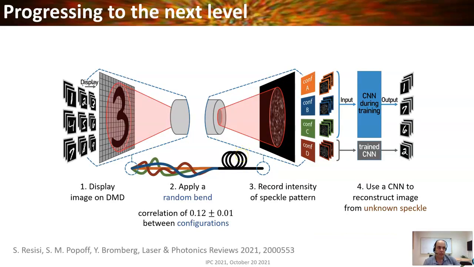Using the fiber piano, we can create, as we said earlier, hundreds of random configurations of the fiber. This is depicted by the different conformations of the fiber. And then train the network on them, and in this way make the network more robust to perturbations. So we project into the fiber different images of digits.